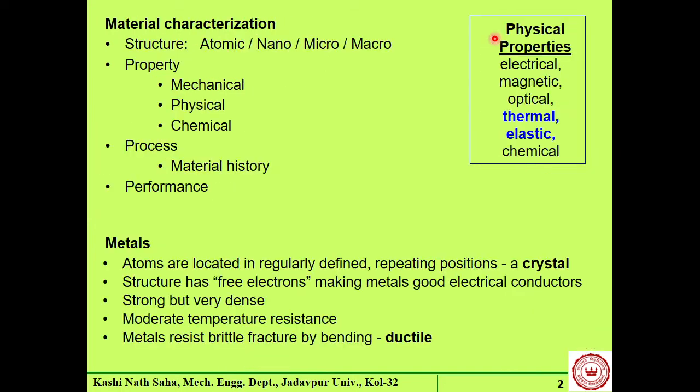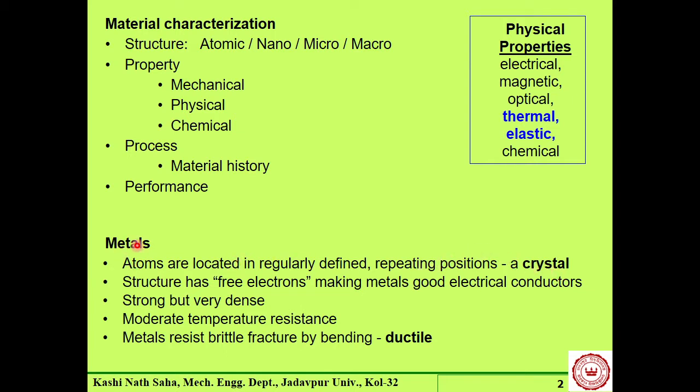Material properties of metals. These metals are characterized in general by a crystalline structure. So there is a basic crystal structure for metals, although not all, say for a particular type of cast iron, there might not be any crystal structure. It can be amorphous also.